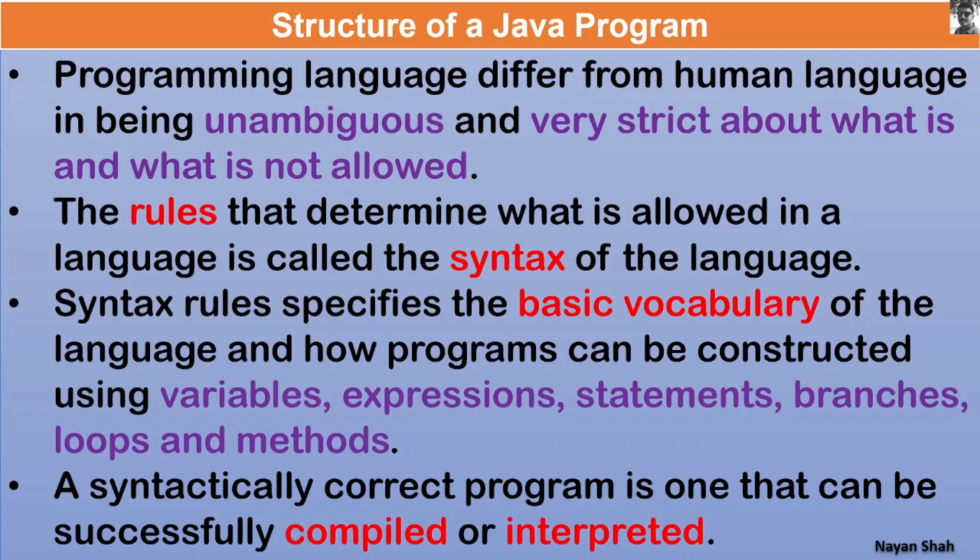If the program is successfully compiled, the compiler will create a class file, or binary file or bytecode file, whereas an interpreter is not creating any bytecode file, binary file or class file. So next time if you want to run it, you need to interpret it again even though there is no error, whereas once it is compiled successfully, you don't need to compile it again and again unless you make some changes in the program.